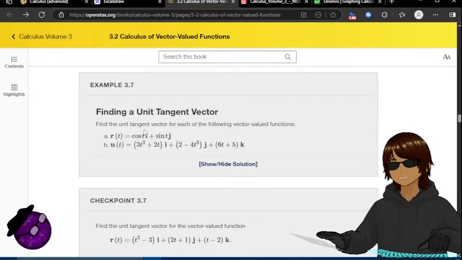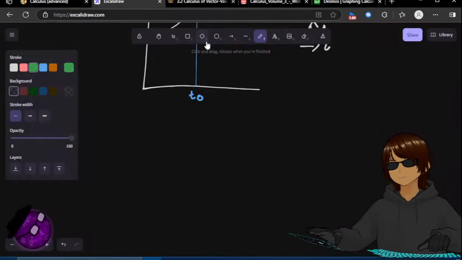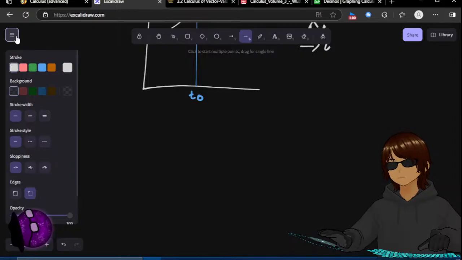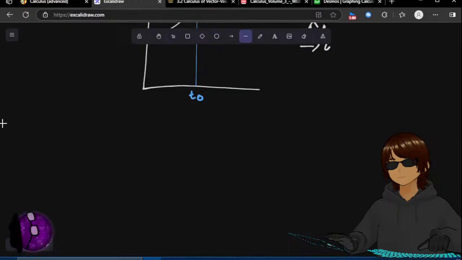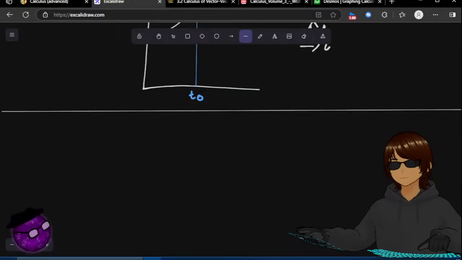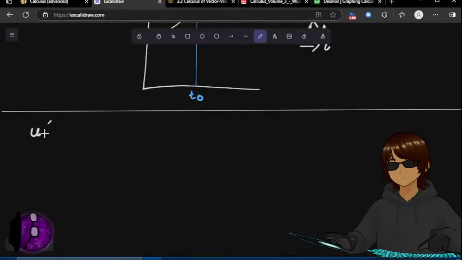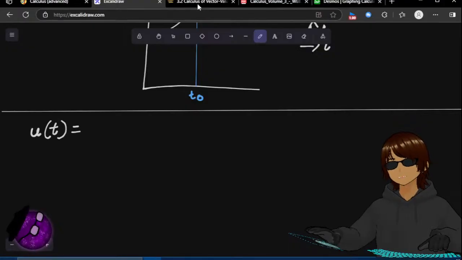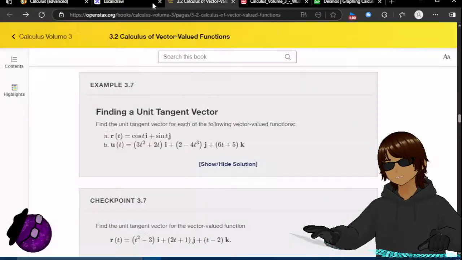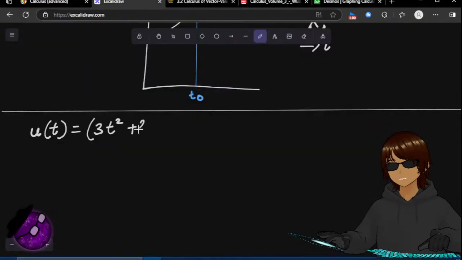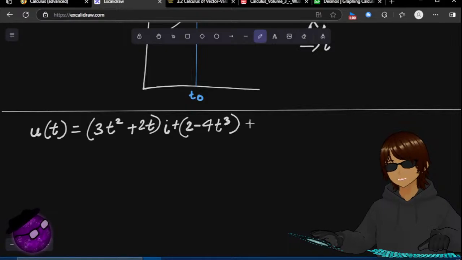Finding a unit tangent vector for, let's do u. U t, 3t square plus 2t is the I part, t minus 4t cubed. That is the j part.